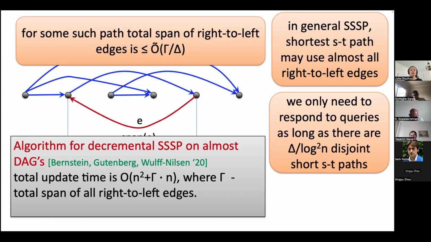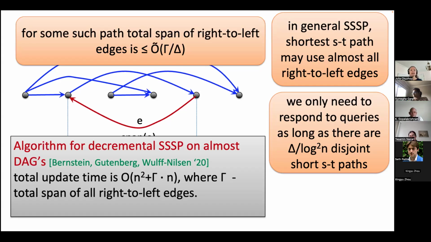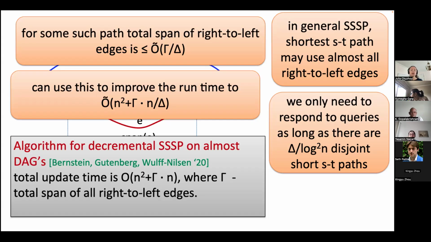So there's always going to be at least one short ST path for which the total span of its right to left edges is not that large. It's at most gamma over delta. And this is what really gives us the edge. We just show that in this special case, the same algorithm can be improved to run in time n squared plus gamma n over delta. And this is how we get this faster algorithm when delta is large.